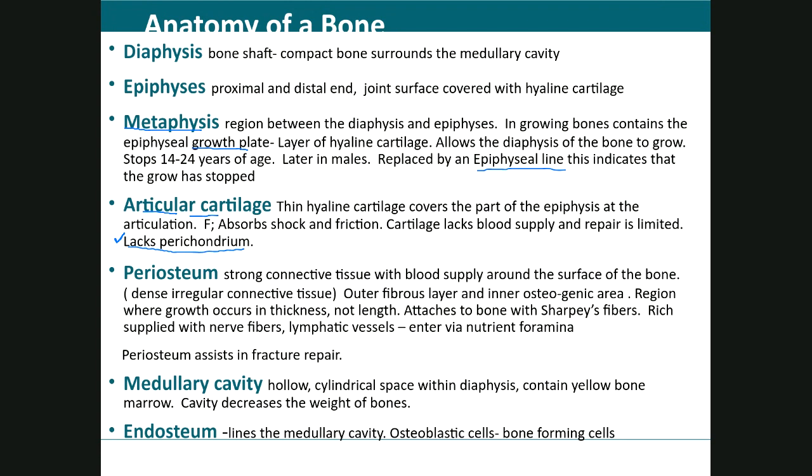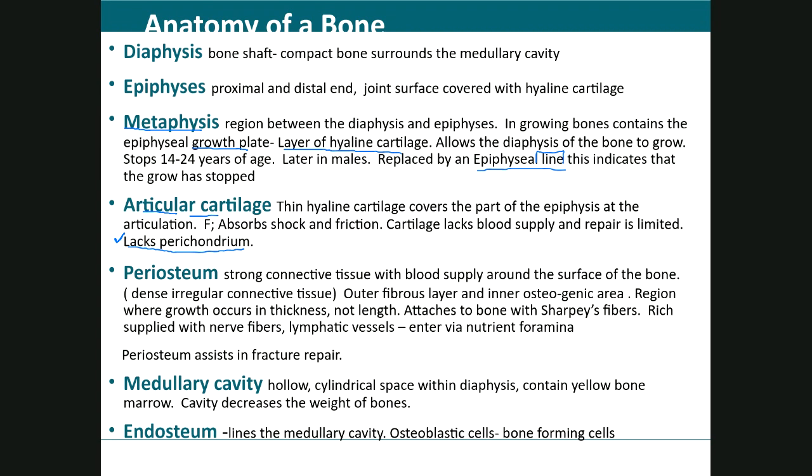When you see the epiphyseal growth line, make sure you understand that this indicates that the bone has stopped growing in length. When you see a plate, you know it's probably an X-ray of a growing individual. This growth plate has a layer of hyaline cartilage and allows the diaphysis to grow in length.